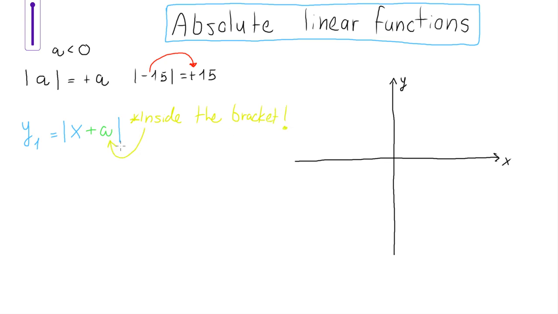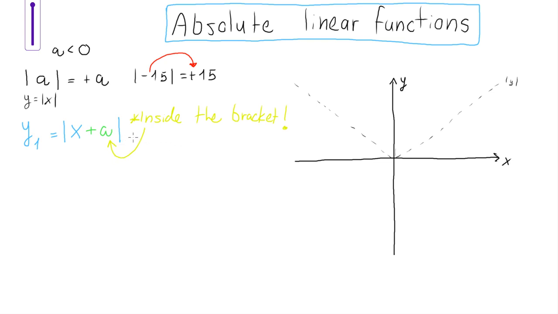It's inside our function, which previously, well, let me draw a dotted line of how the original looks. The original is simply absolute value of x. Here's the dotted line of how the original looks. This is the absolute value. And now if we add a, it shifts towards the left.